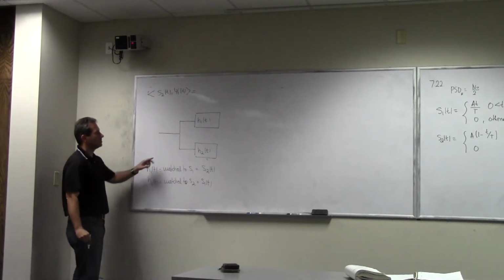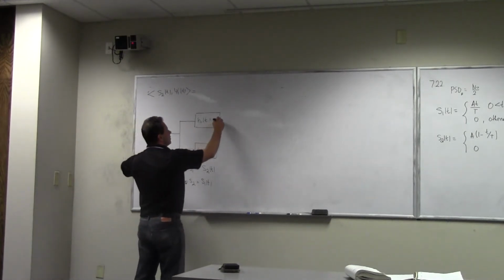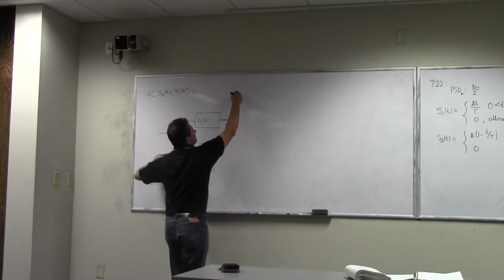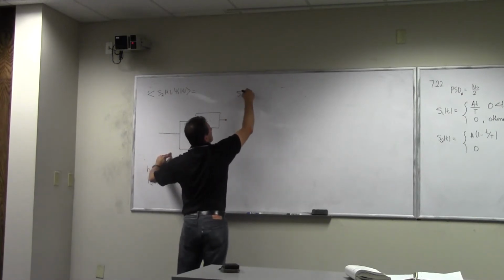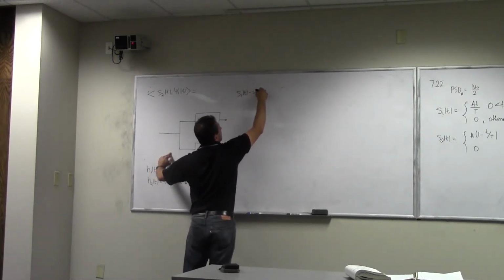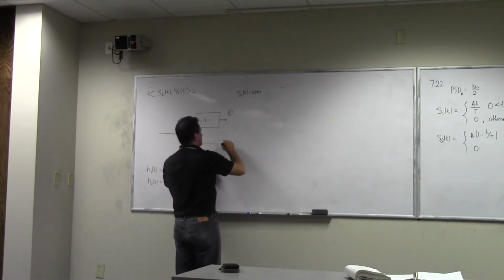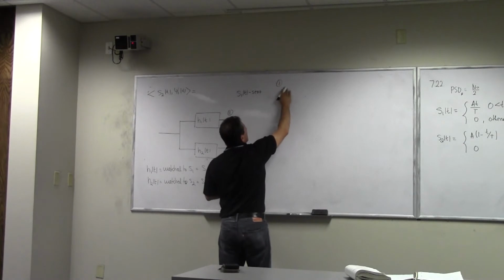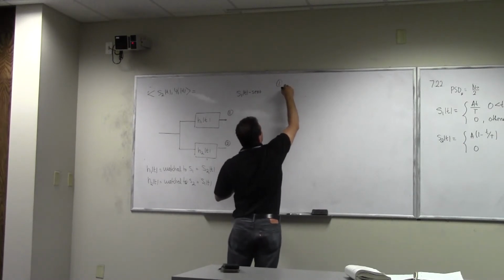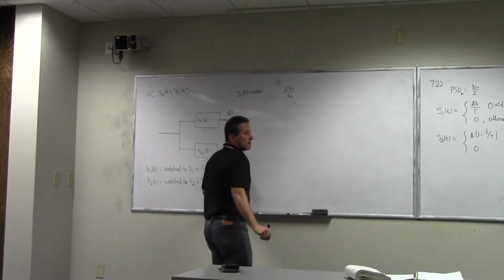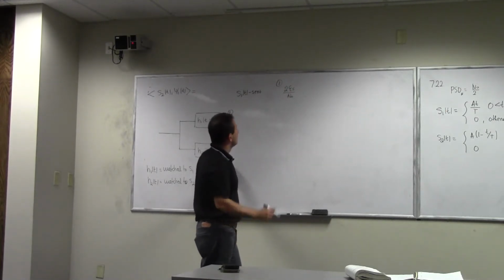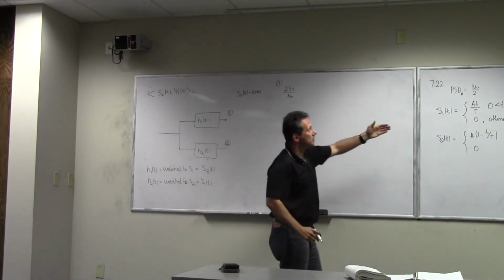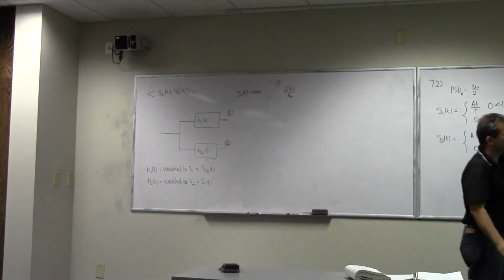Now you see what happens in this case. Let's say when S1 of t is sent. This is output 1, and this is output 2. What do you get at output 1? At output 1, you get 2 epsilon s over N0, right? Now, at output 2, you get an autocorrelation of the signal with itself.